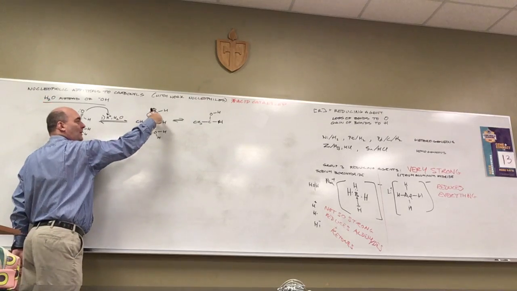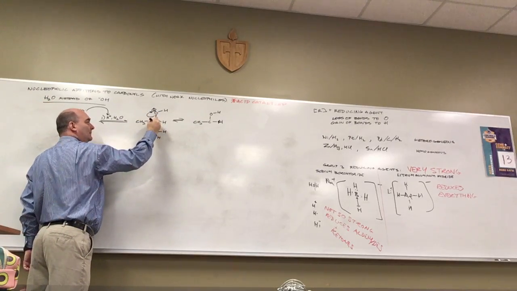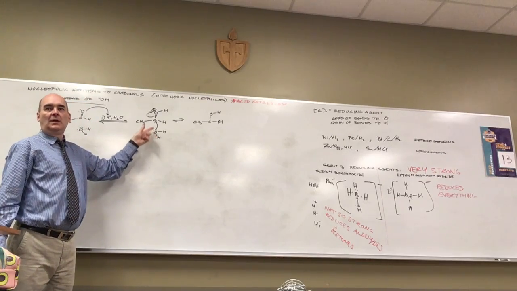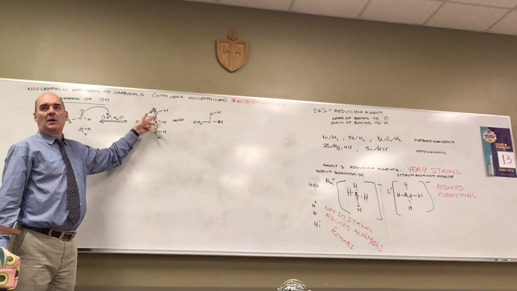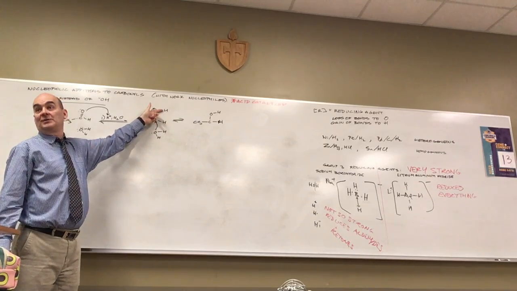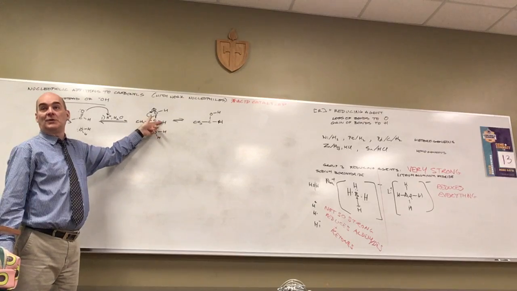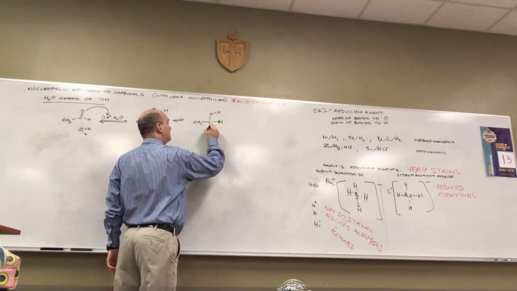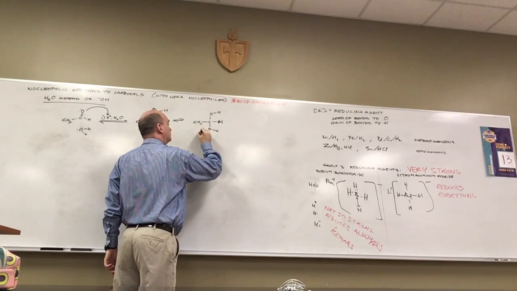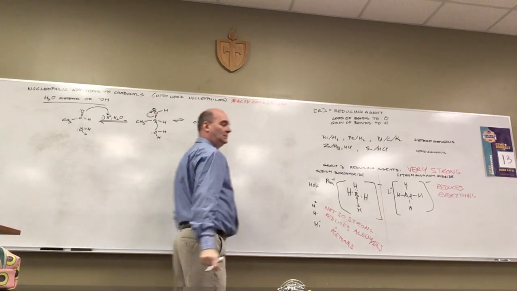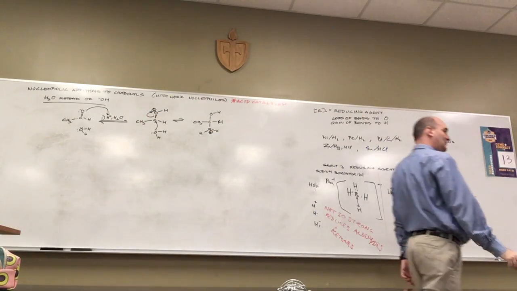In order to make that bond break, here you go, from the lone pair of electrons to the electron deficient carbon, break the weakest bond, push the electrons towards the positive, from here to here to here. That oxygen now has a positive charge.